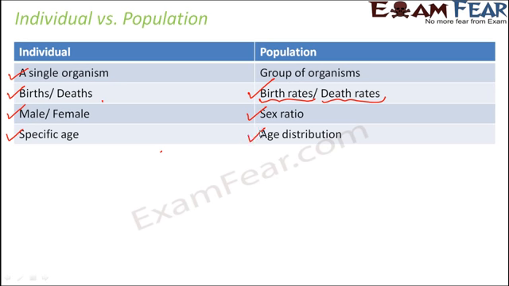That is how many individuals of age less than 5 years exist in a population, how many of age less than 20 years, and how many of more than 60 years. So we basically talk about how age distribution has taken place in a population. These are some of the terms with regard to population, and we will discuss them in more detail now.